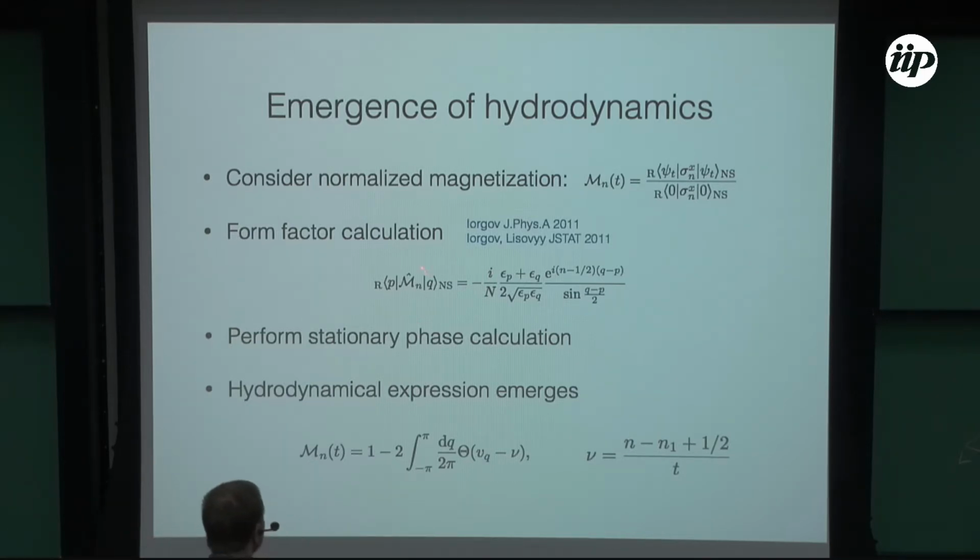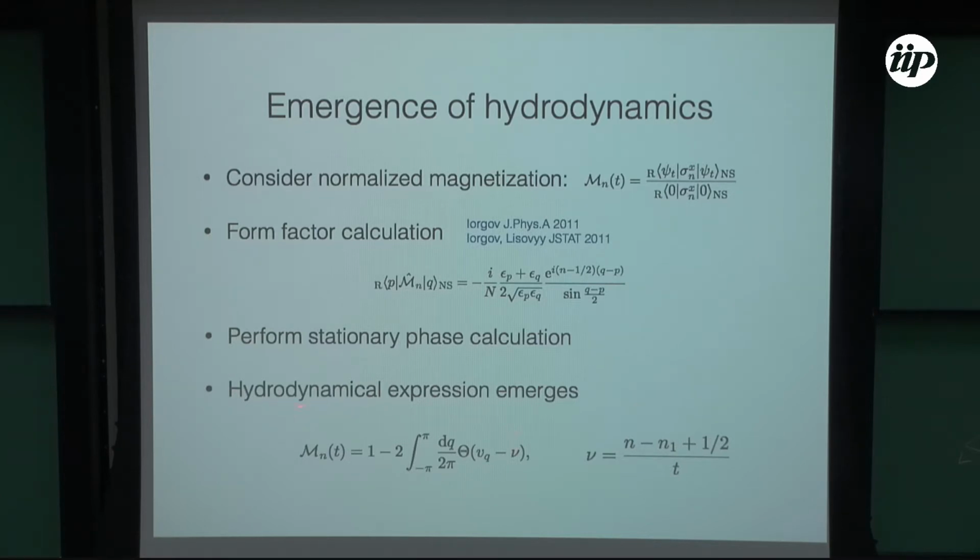It's not so simple, but if you are interested in the hydrodynamic limit, then the only thing you have to do is the stationary phase calculation, okay? This will give you the scaling limit, where you keep x over t constant, okay?